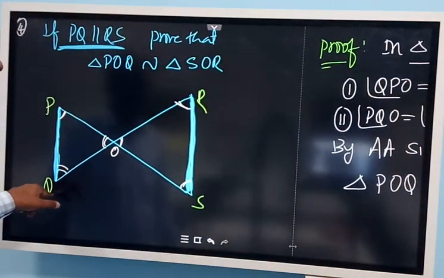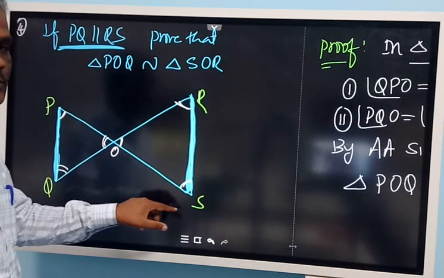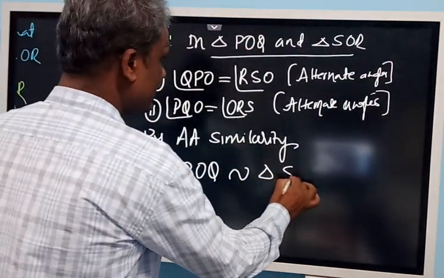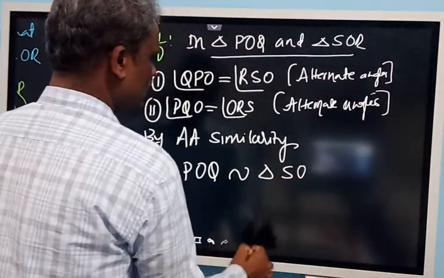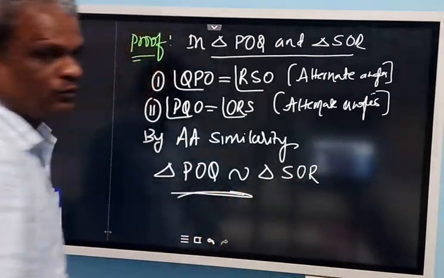POQ is the triangle we have taken. For corresponding vertex of P, the corresponding vertex in the other triangle is S. So I have to write here S. For O, it is O only. Then what is left out is R. So this is the proof.